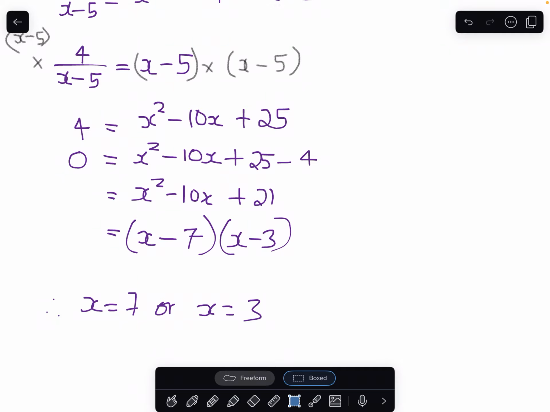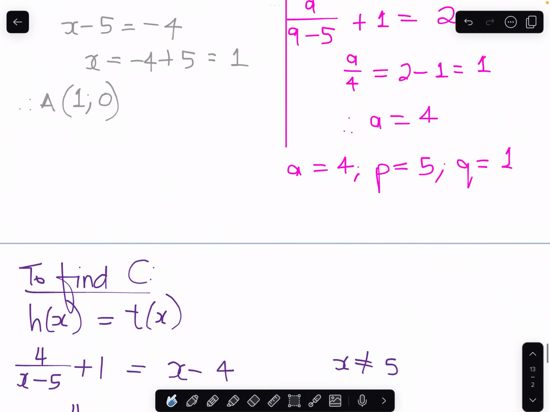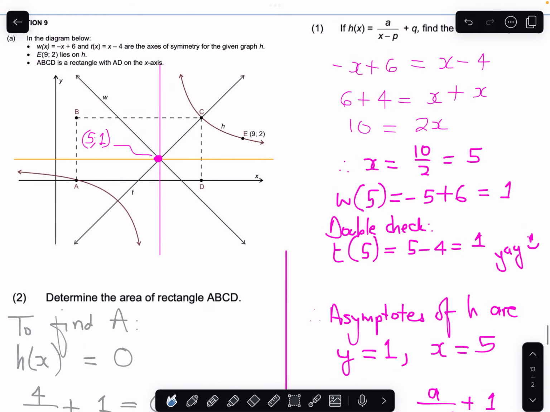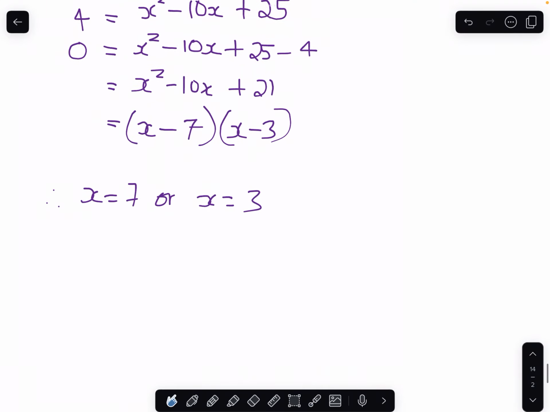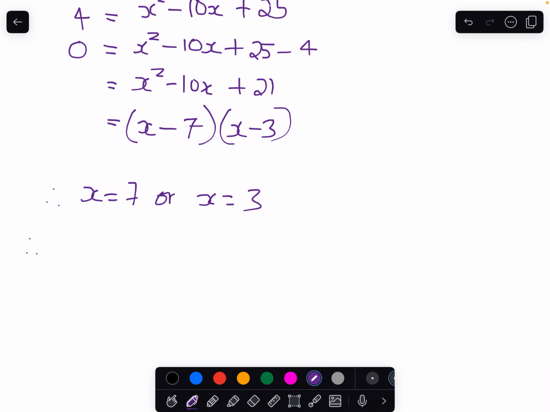Okay. But we are interested in specifically, so this would be the one with x coordinate 3, and this would be the one with x coordinate 7. So therefore the x coordinate of C is equal to 7.